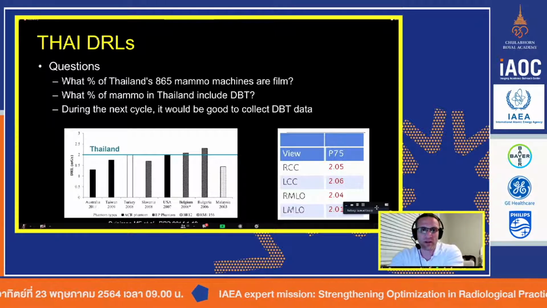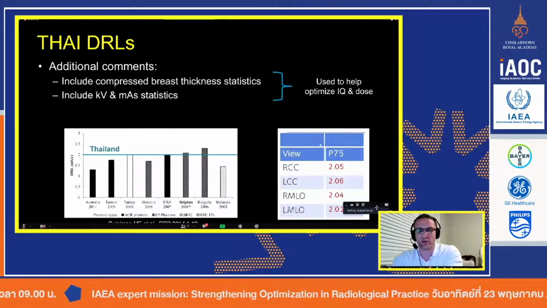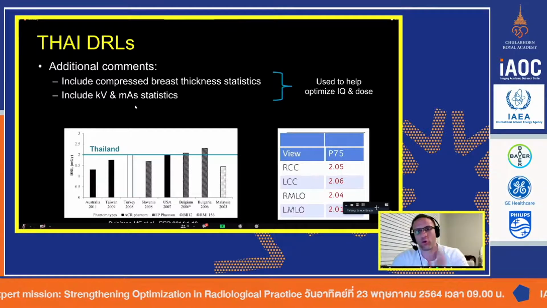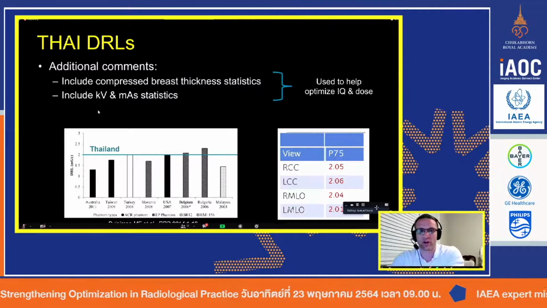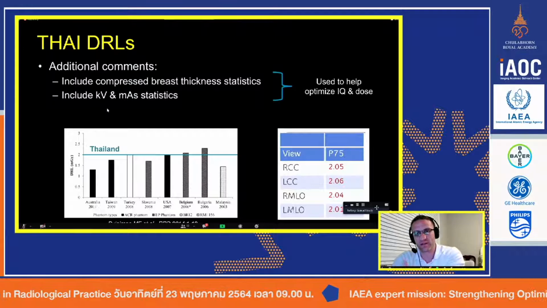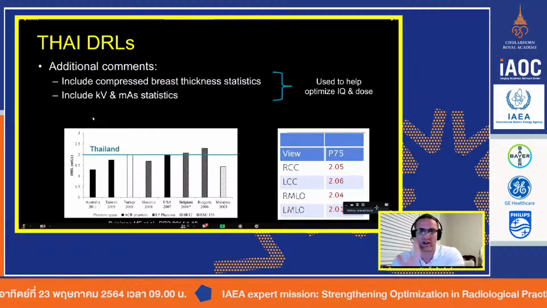And then this is more for statistics. These are the values you publish for your diagnostic reference levels. That's awesome. That's great. But then when you report back to the vendors, we've talked quite a bit about the variations in breast thickness and the machines and all of that, that plus or minus 18%, there is that inherent variation.